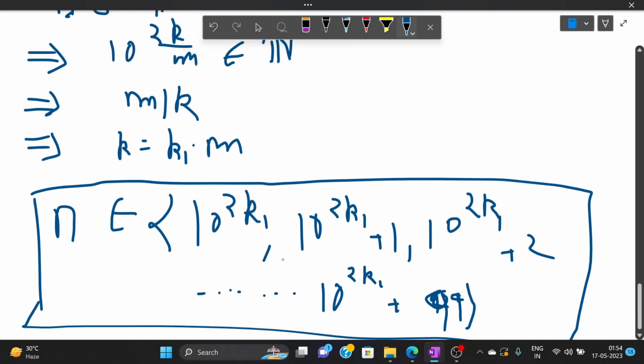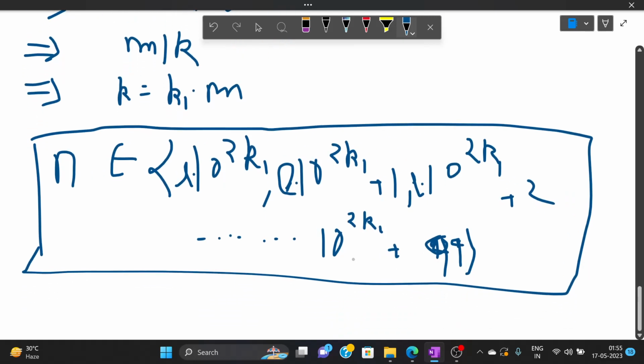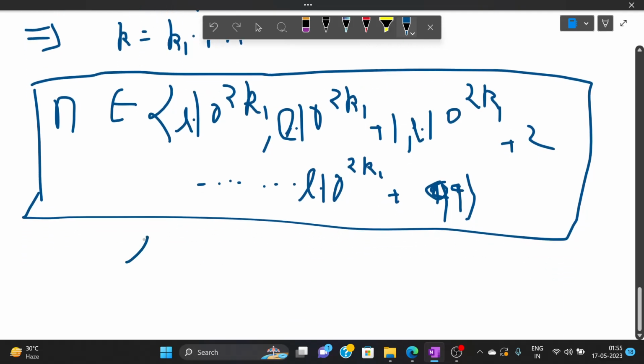And there should be one constant L multiplied, which is less than 10. So L times 10 to the power 2k1, L times 10 to the power 2k1 plus 1, L times 10 to the power 2k1 plus 2, and so on till L times 10 to the power 2k1 plus 99, where L is less than 10.